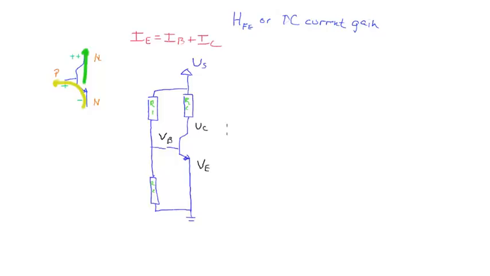Alright, so what is the voltage at the base? Well, VB is equal to the percentage of resistance R2 is to the total in that chain, which is R1 plus R2, or the ratio of R2 to the total in that chain, times the source voltage.